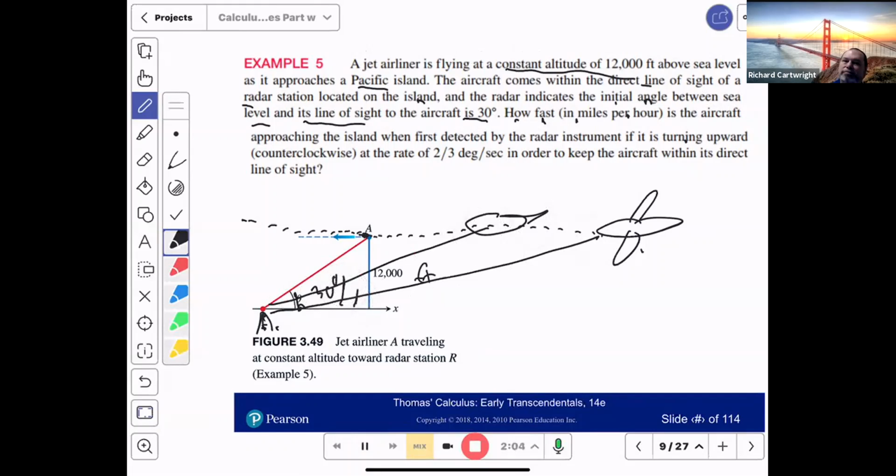That's d theta dt. And he says d theta dt is opening, so it's going to be a positive something. He says positive 2/3 degrees per second, in order to keep the aircraft within the direct line of sight.